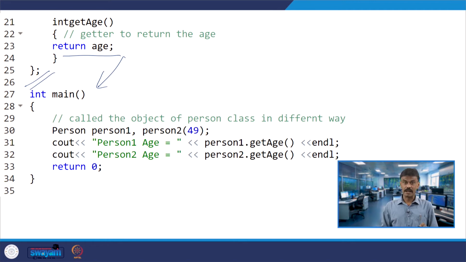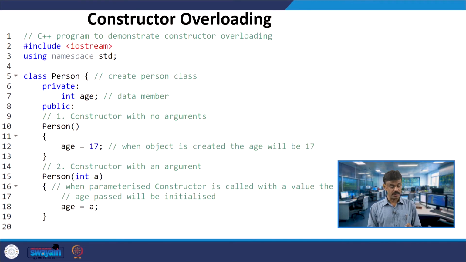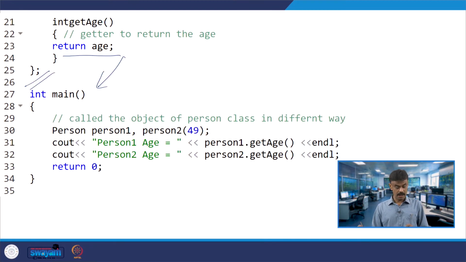When you are creating the object person 1, let us see what is happening. It is calling the default constructor. When it is calling the default constructor, age will be assigned 17. The next is person 2 of 49.